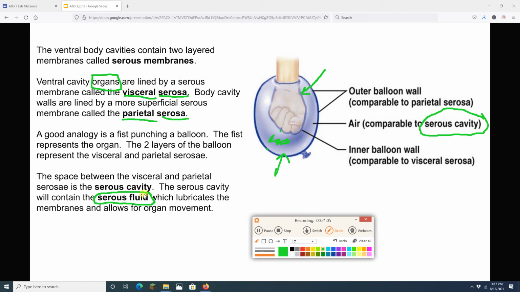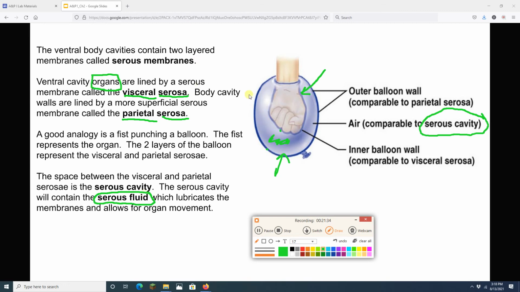Think about your heart for a second. Your heart has got to be able to expand and then contract, right? Fills up with blood and then squeezes. That's movement right there. The enemy of movement is friction. And we reduce that friction by having this arrangement where we have a double membrane with fluid in between.